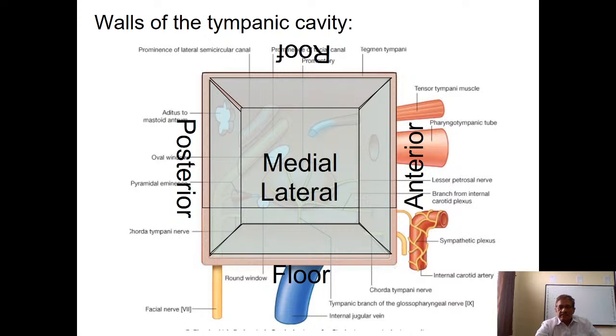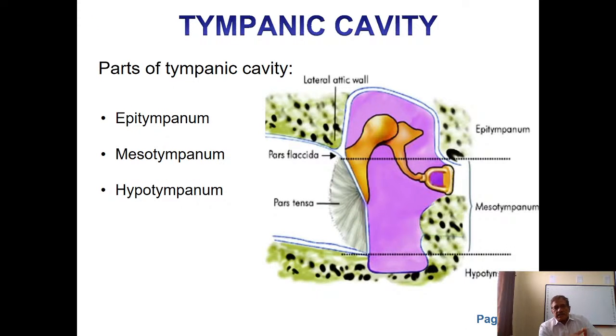So that is how the tympanic cavity is divided. The corresponding area where there is the tympanic membrane is called the mesotympanum, and above is the epitympanum, and below is the hypotympanum.